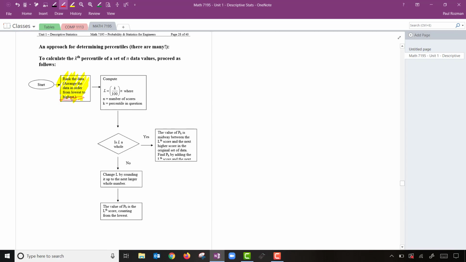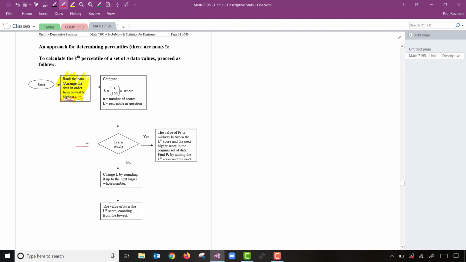After you've sorted your values, you then want to locate where the cutoff should be. I'm calling it L for location. Basically, if you want the 93rd percentile, you take 93% of however many values you have, and that's roughly the spot. It's not exactly how we're going to choose it.